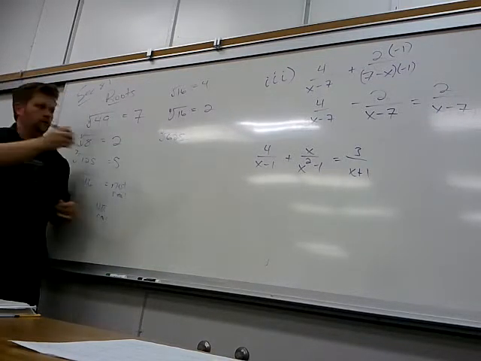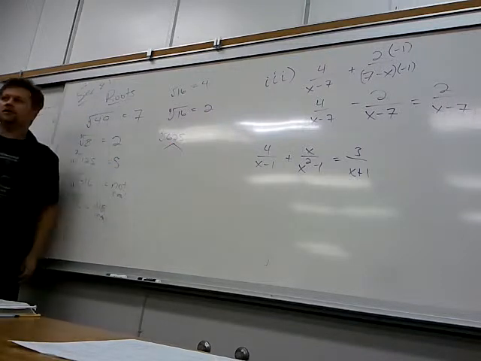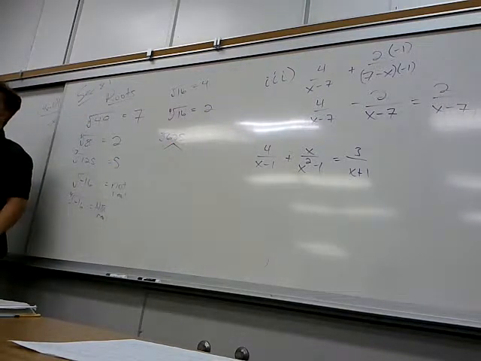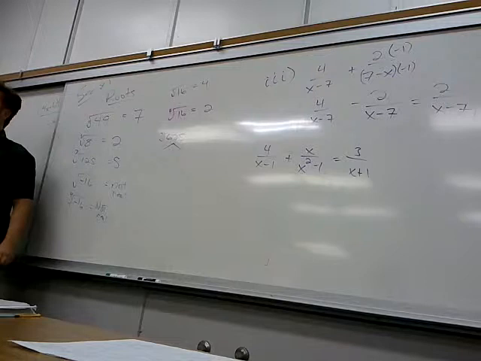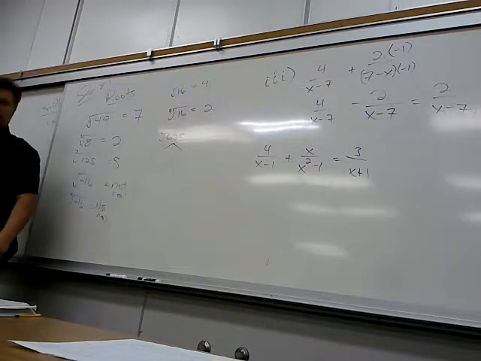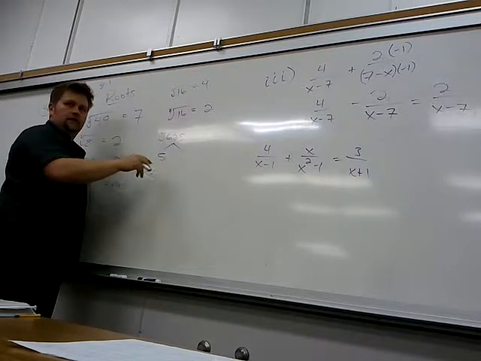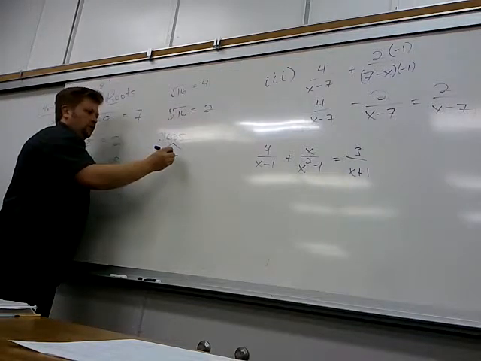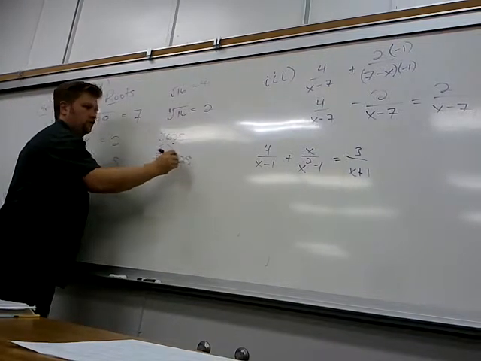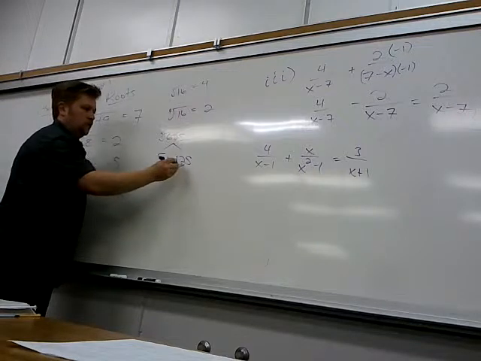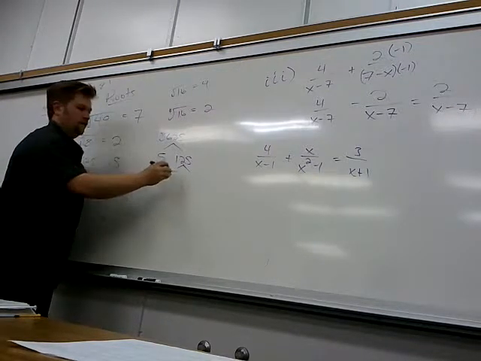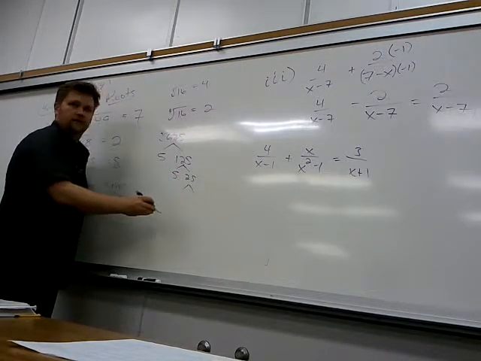What do you start doing? It's all about seeing the parts of this, so you start breaking it up. What definitely goes into 625? 5. So 5 goes into 625, 125 times, and then 125 is 5 times 25, and then 25.